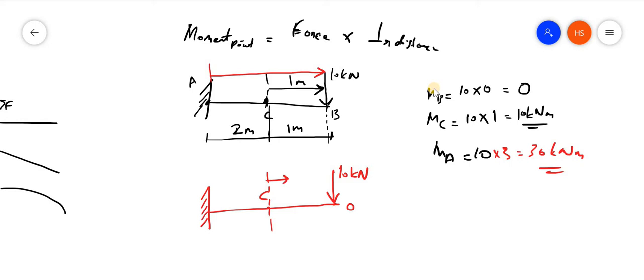In a cantilever beam, always consider the free side only. Last class I also told you that you will understand right and left better when you take a simply supported beam or an overhanging beam. But in a cantilever beam, just take the section to the free end. That will be very easy.